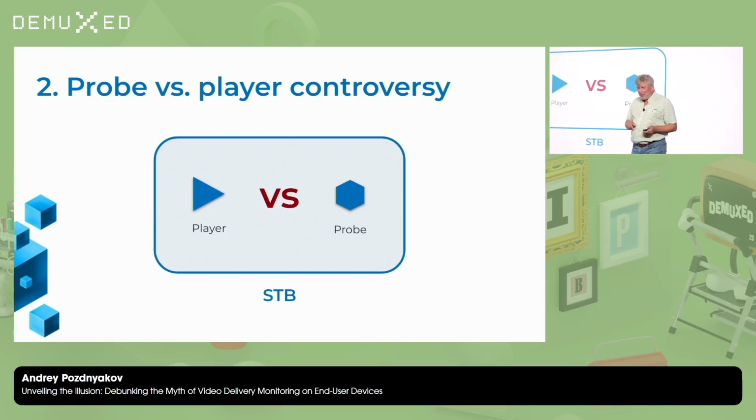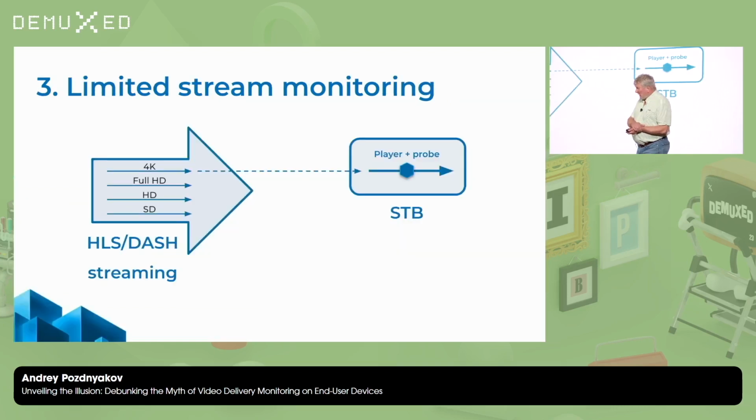And all the time, you need to discuss with the set-top box software developers who is responsible for the problems which appear there. Is it that the probe does not provide enough CPU power to the player, or does the player somehow affect the probe? And very often, you just cannot solve those problems.